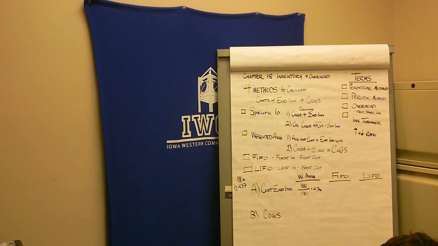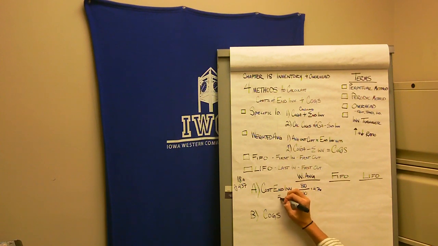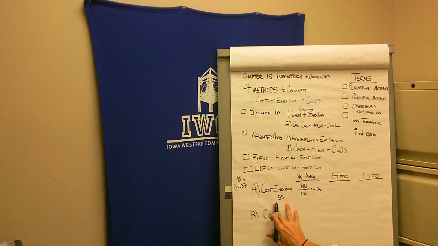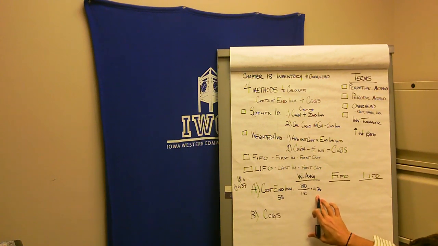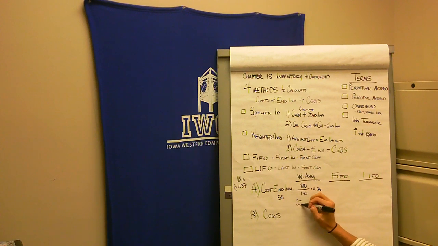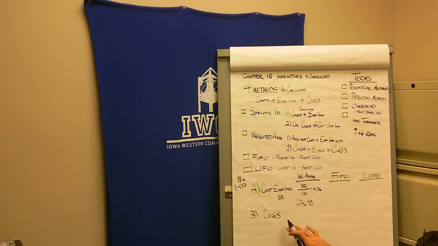Well, now they tell us that the ending inventory is 58 books. So we just do 58 times our $4.76, and we get $276.35. Two ways we can calculate cost of goods sold. We can just do 800 minus 276, and we get the cost of goods sold of $533.12.